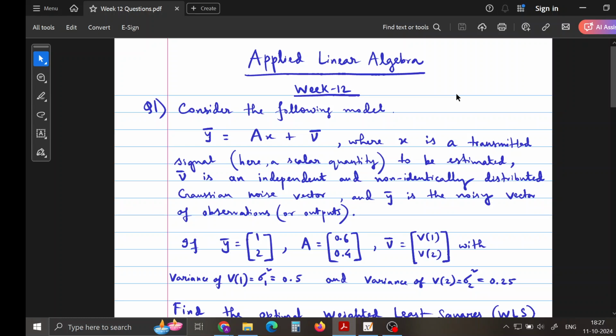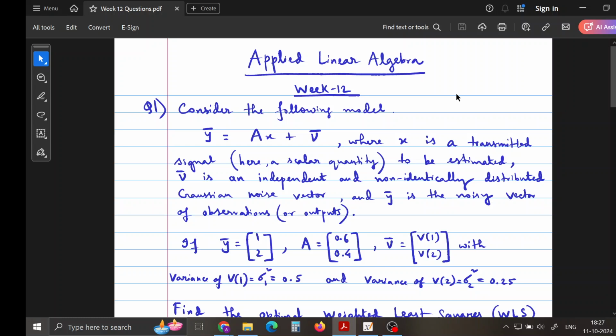The covariance matrix of this noise would be a diagonal matrix, because the off-diagonal elements will be zero, since there is no correlation between the noise samples. And they are also non-identically distributed, meaning the variances of the individual noise samples can be different.